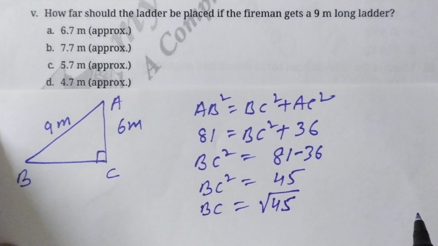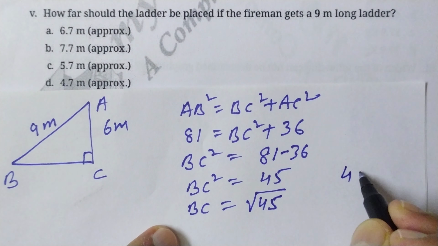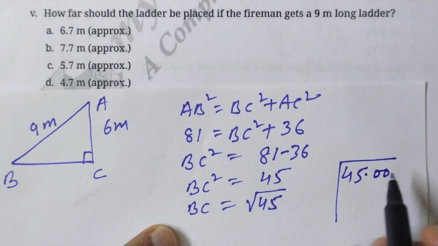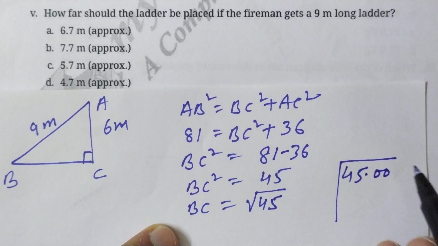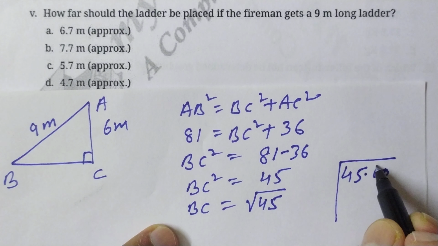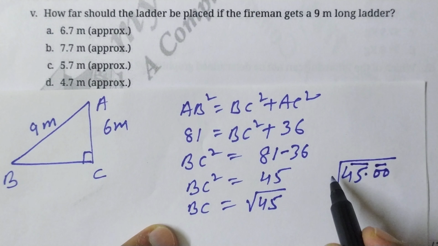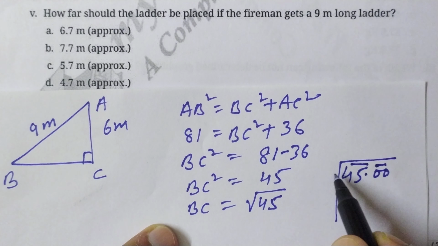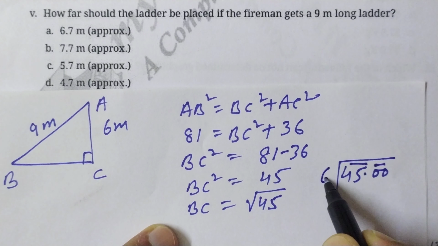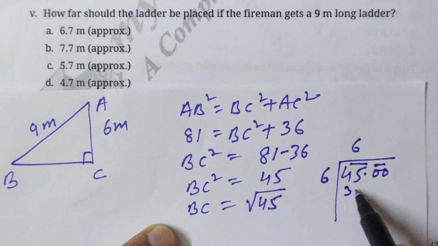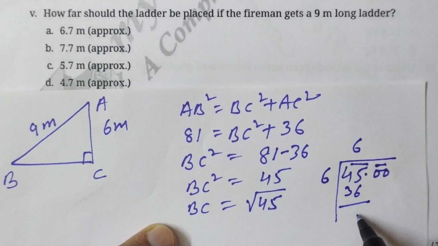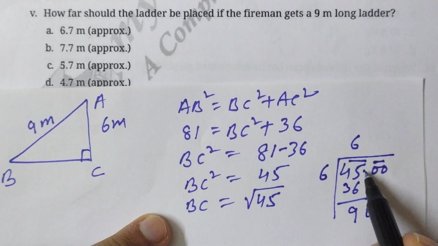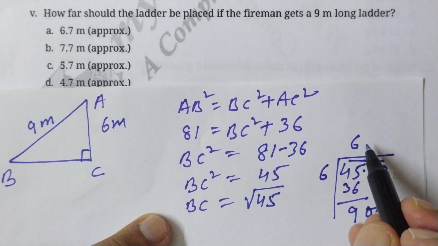So let's find the square root of 45. So 45, we can write 45 as 45.00. So here decimal, so we'll put here pair. Okay, so it is going with 5 square 25, 6 square 36, 7 square 49. It is more, so it is going with 6 square. 6 into 6 is 36. So 9 is left. Now bring down the next pair, and when you bring down the pair after the decimal, you put here decimal.